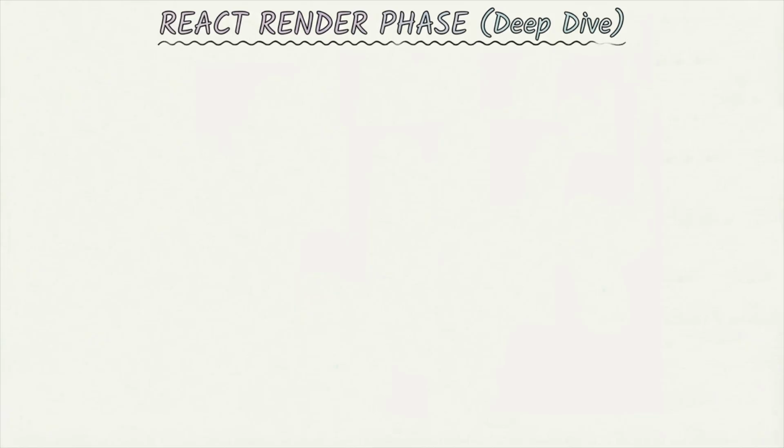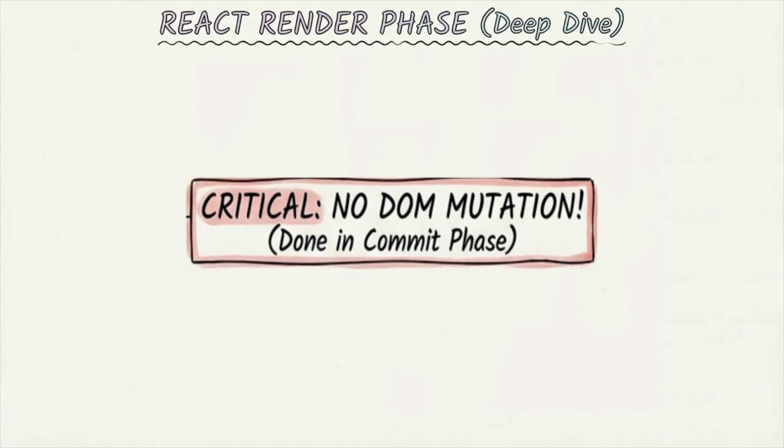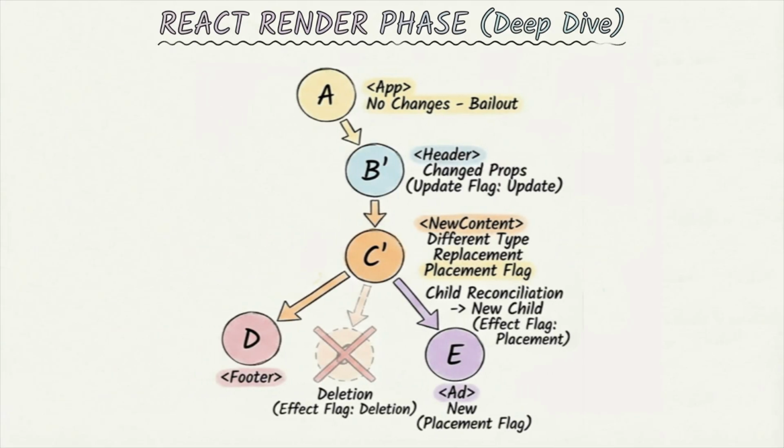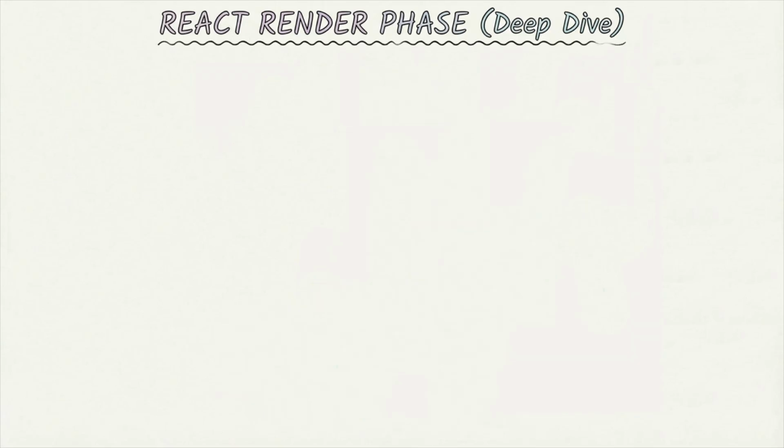Now let's talk about the render phase. Once React decides it has time to work, it enters the render phase. In this phase, React does not touch the DOM. Instead, it builds a new virtual tree representing what the UI should look like after the update. Here's how it works.